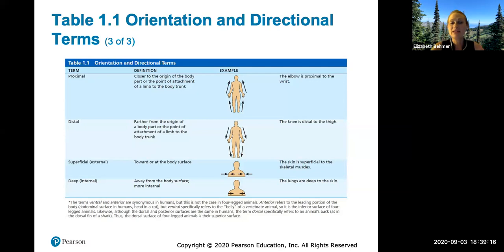And the knee is distal to the thigh because the knee is further away from the point of attachment where your leg is attached to your trunk. You could also say the knee is inferior to the thigh because the knee would fall below the thigh. So sometimes these directional terms can be used in a couple different ways to describe the same thing.